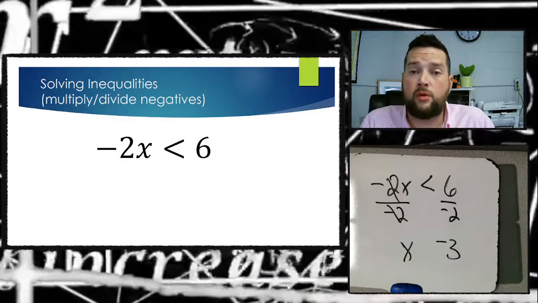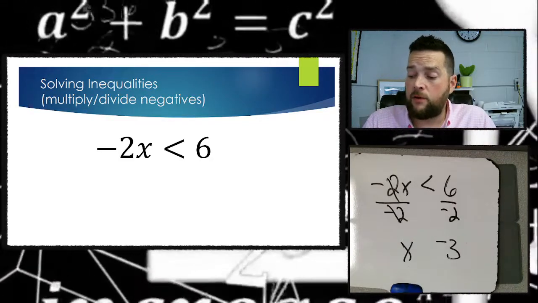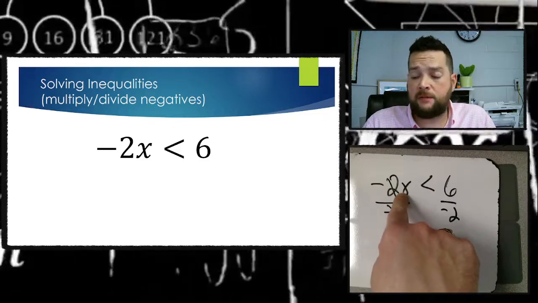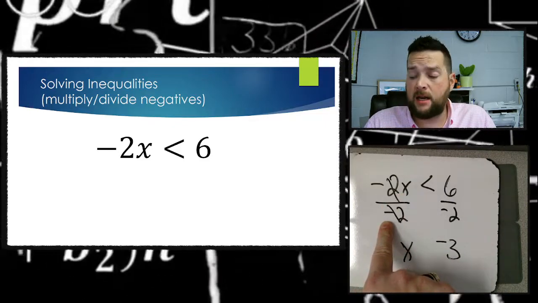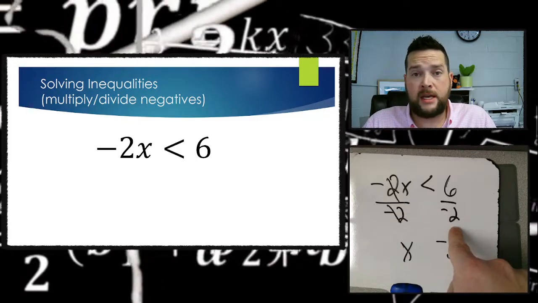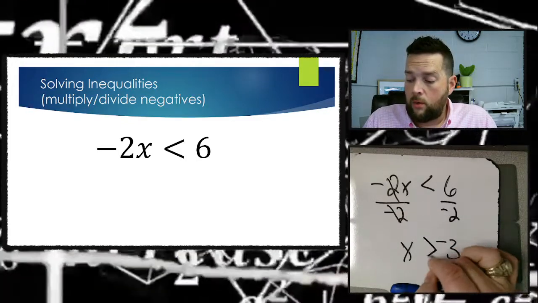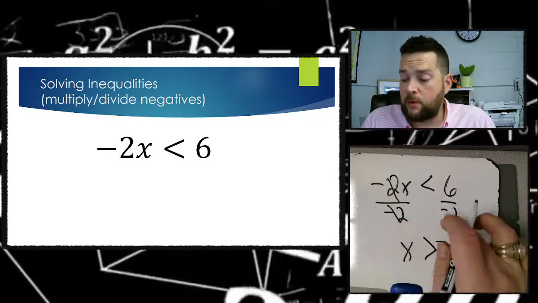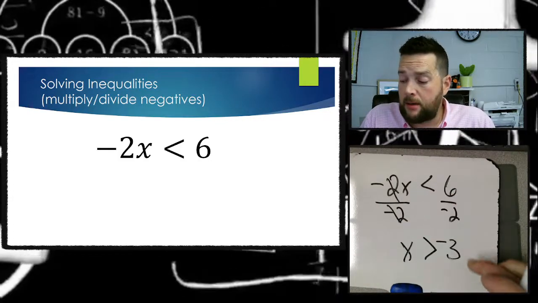That's the one little rule, all right? So if you've got, in this situation right here, to undo the multiply by -2, we had to divide by -2 on both sides. We flip the sign, all right? And the reasoning has to do with the negatives. It makes things opposite, all right?